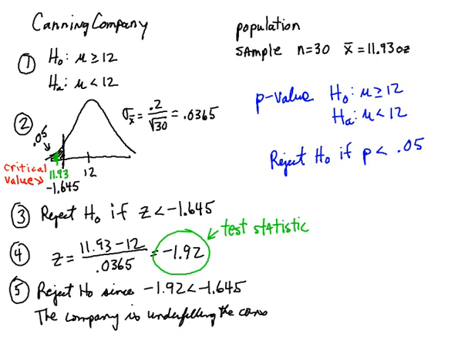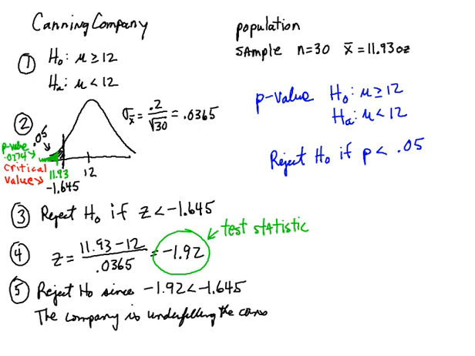And you can see in the sampling distribution, the p-value then is going to be to the left of that z-score, or the 11.93. Now to calculate that value, use the test statistic. I look up the test statistic in the table and find the area to the left. And the p-value is 0.0274.